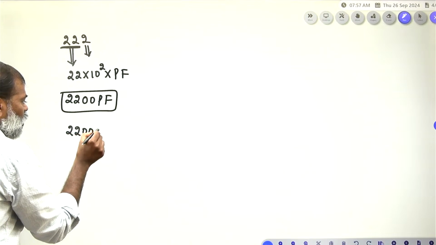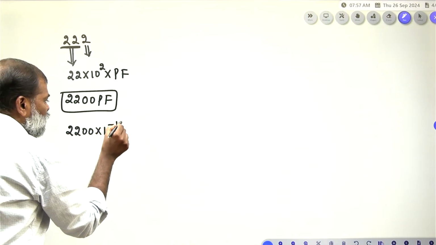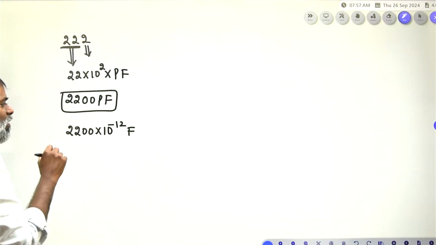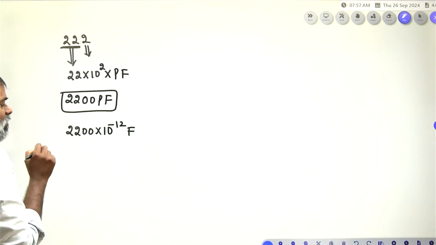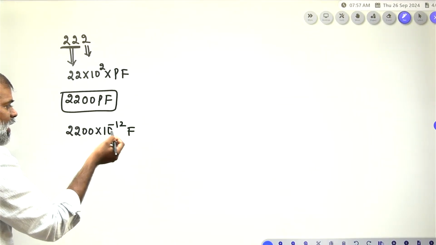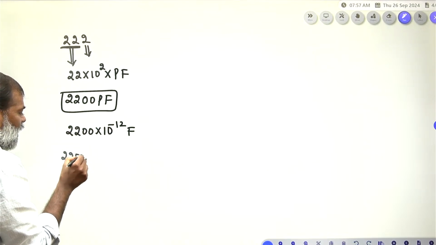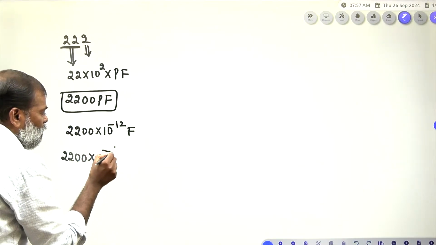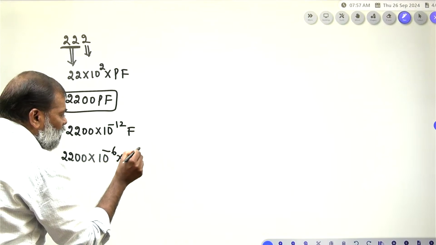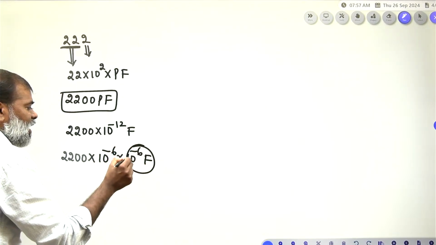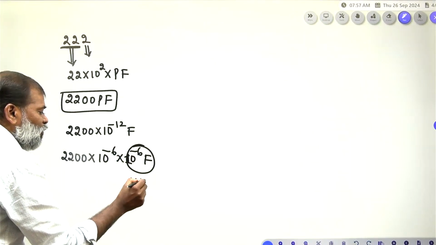2200 into 1 pico, which is 10 to the power of minus 12 farads, correct? In terms of micro, I am converting 2200 into 10 to the power of minus 6 farads. 10 to the power of minus 6 farads is equal to a microfarad, correct?